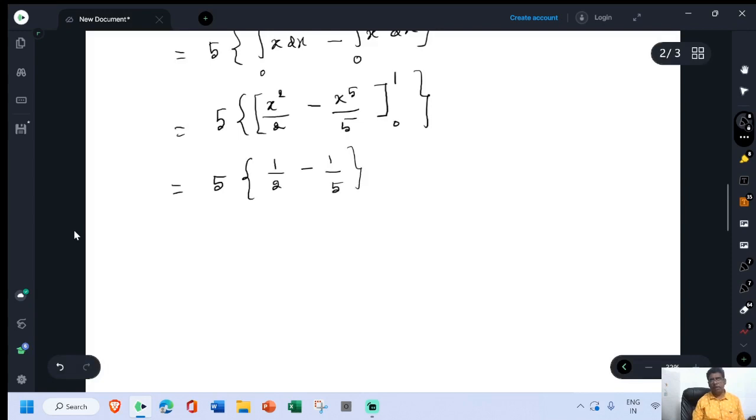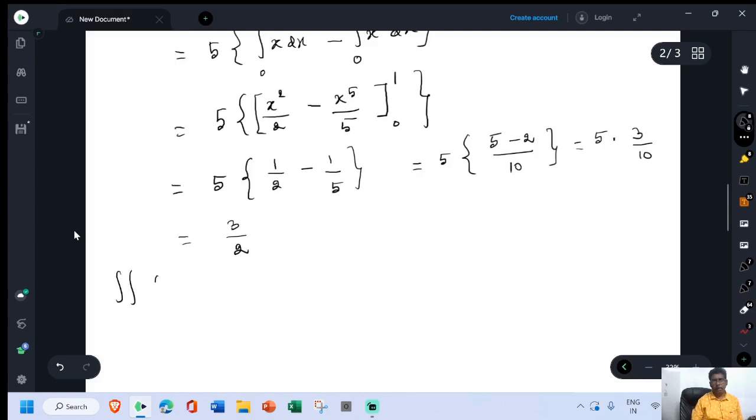If you apply the lower limit 0, everything vanishes. This is 5 into 3 by 10, which is 3 by 2.